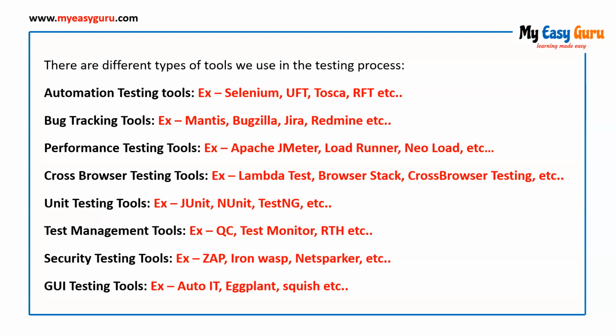For security testing, we use ZAP, IronWASP, Netsparker, etc. For GUI testing tools, we use AutoIt, Eggplant, Squish. Now we have seen different types of tools we use for the testing process.